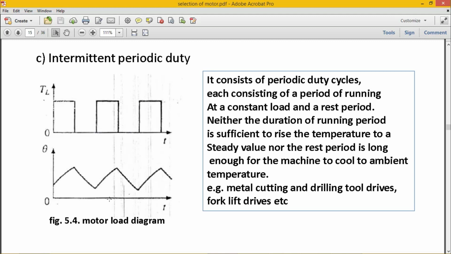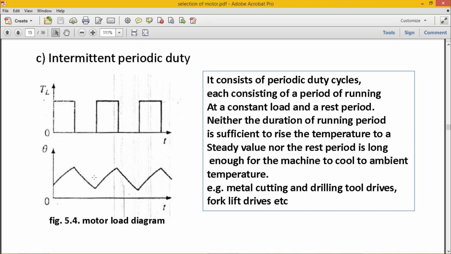What we have seen in the case of short time duty, it cools off to the ambient temperature, but in the case of intermittent duty, neither the running period nor the rest period is enough to either raise the temperature to steady state or let the machine cool off to ambient temperature.